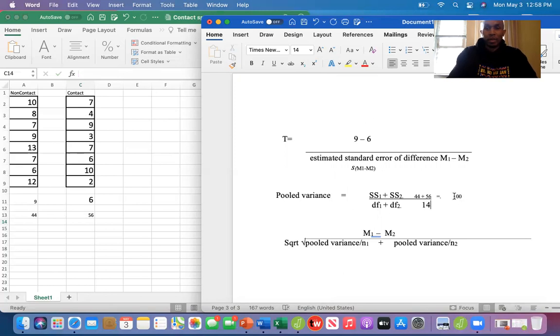Also over here, we have 100. Okay, so our pooled variance is going to be equal to 100 divided by 14. Let's plug that in.